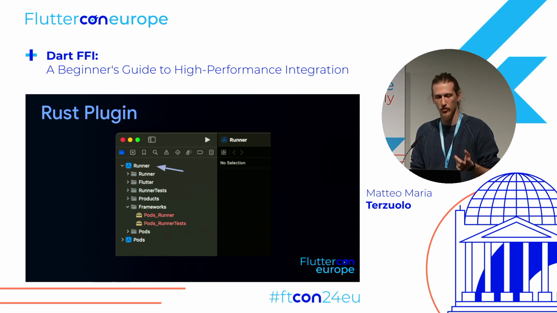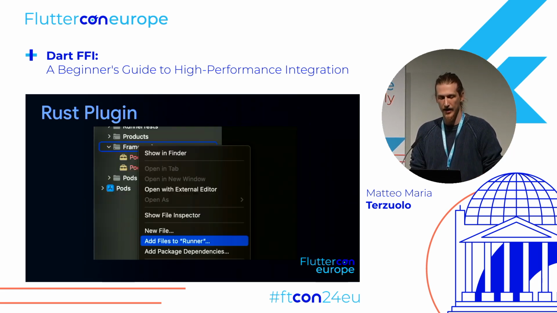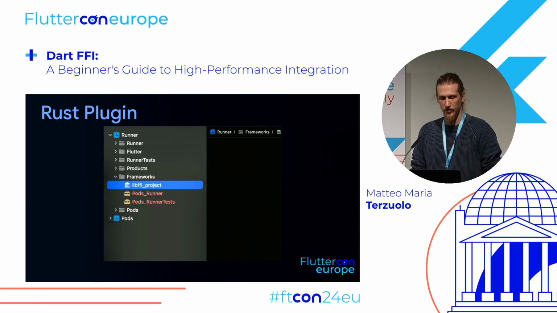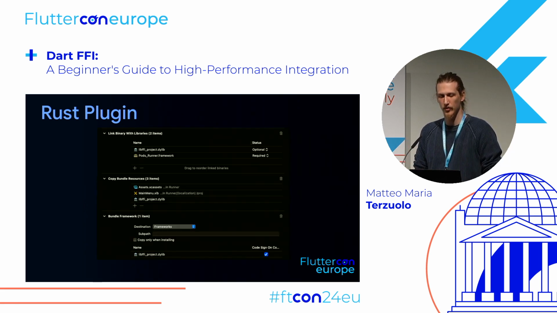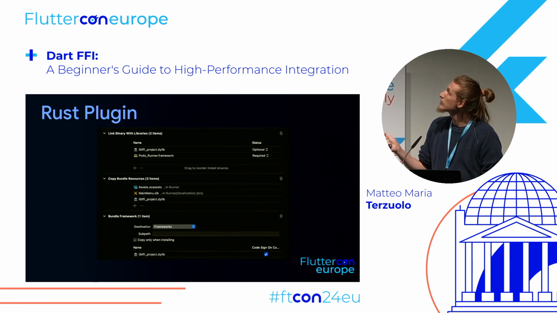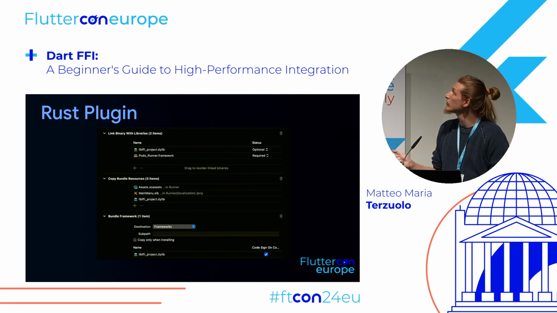So we add it to the framework part of our Runner. And so we do add file, we link our library, and then we put it there. So there's the link binary with libraries, and it's really important to mark it as optional, okay? Then there's the copy bundle resources part and the embed frameworks part. And that's all.